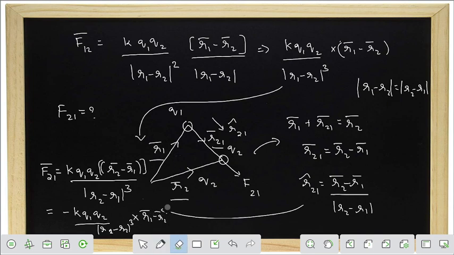From this what you can observe is that I have written it as minus F21 bar. That means we are proving that, sorry, minus F12 we have to write here. This is actually the formula of F12 bar. That means we have proved that F21 bar is equal to minus F12 bar.